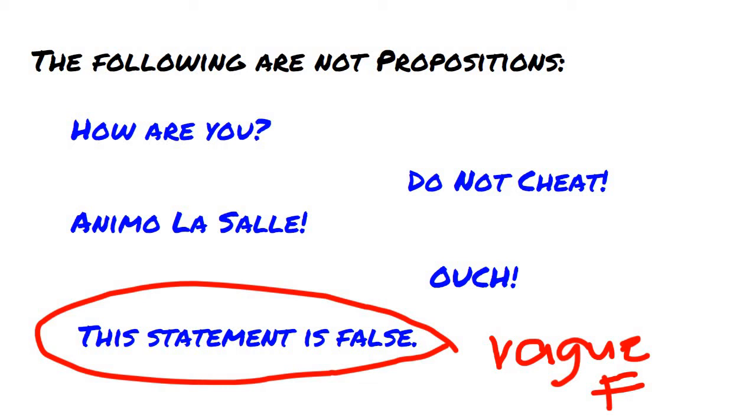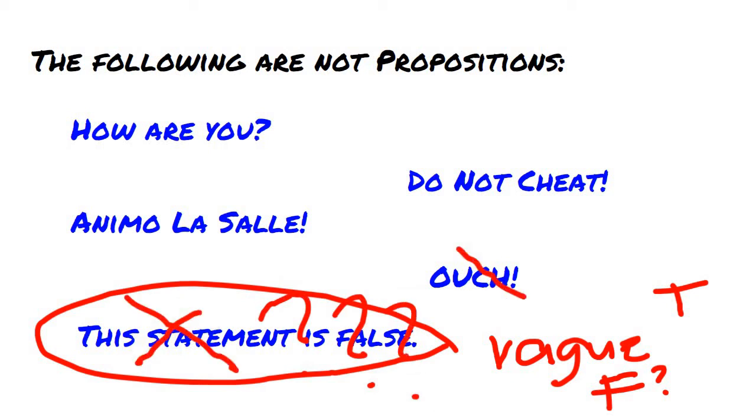And if that is true, it's not false. So it's confusing. If it's true, then this statement is false. And it's really a confusing statement. We avoid those kinds of statements in discrete mathematics. So those are not propositions.